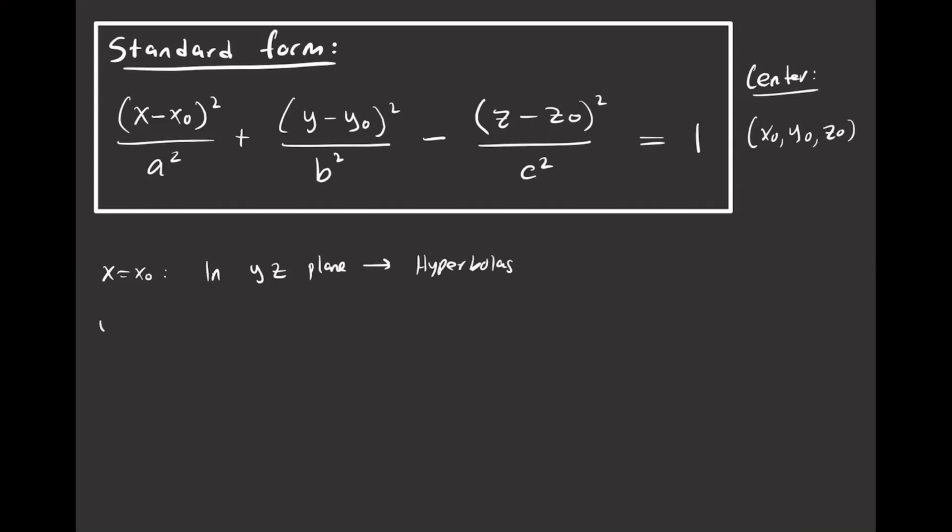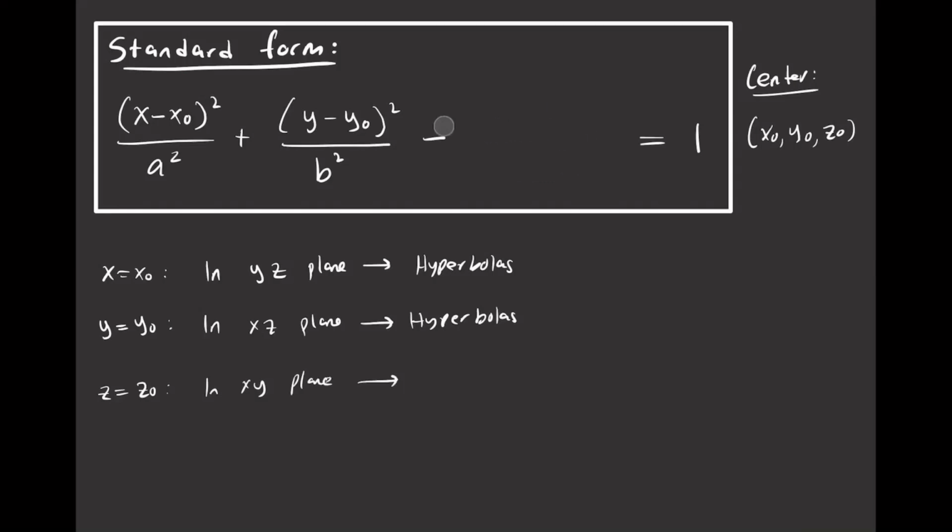And similarly, if I let y disappear, so y equals y0, then you still have your traces in the xz plane to be hyperbolas as well. And now if we let z equal z0, then in the xy plane, check this out.